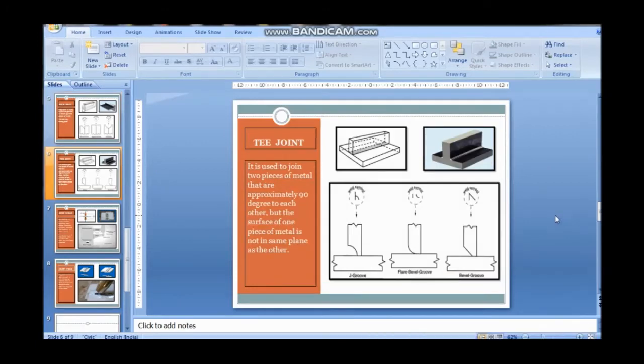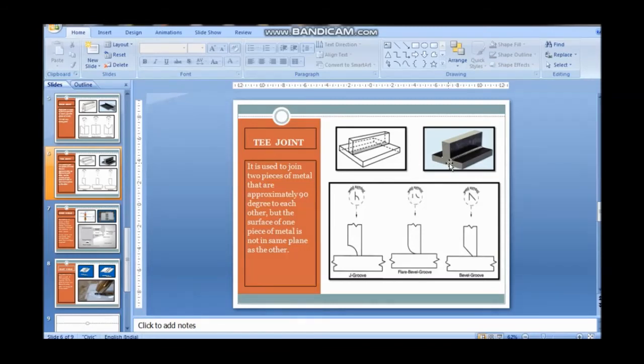Next is the T joint. You see that two plates are used for the T joint. The shape is like a capital T. Here one plate is horizontal and one plate is vertical to each other.